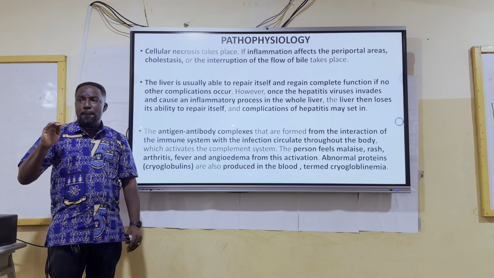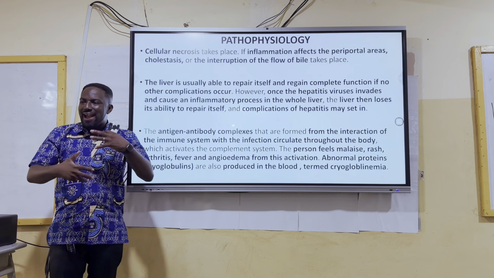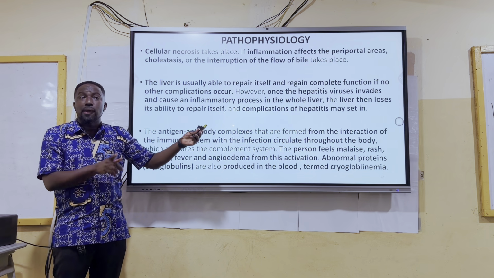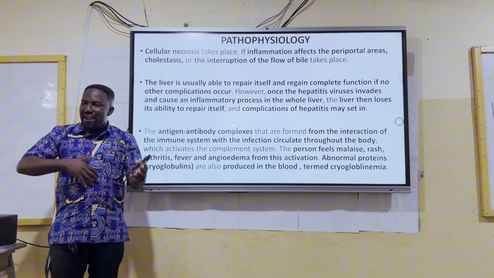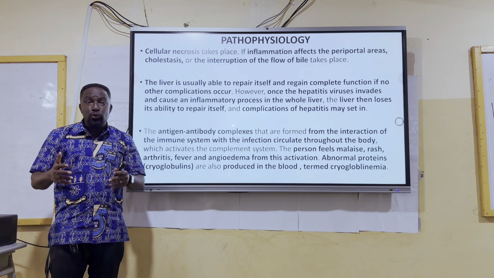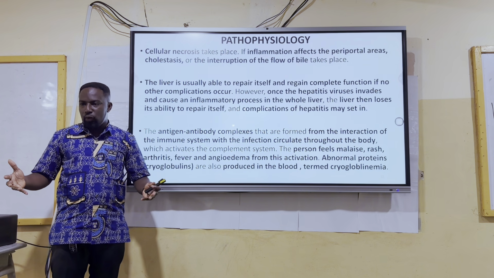For every pathogen that enters into the human body, there's always an antigen-antibody reaction. So in the case of the viral infection, the injury is a pathogen. So when the viruses enter into the body, there's going to be an antigen-antibody reaction. This antigen-antibody reaction is also going to exacerbate or complicate the inflammation of what? The liver.